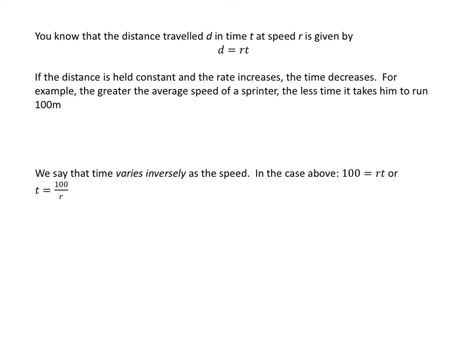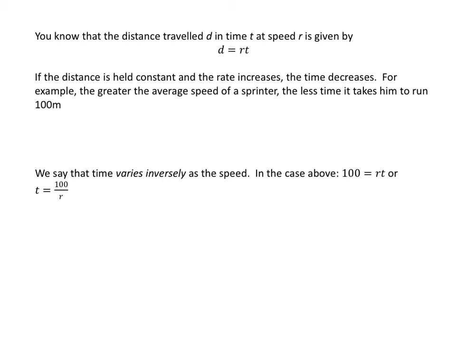Section 8.2 is still dealing with variation, but this time we're looking at inverse variation and joint variation. And the way that we model this is with our favorite thing, distance is equal to rate times time. We know that if our distance is held constant and our rate is increased, our time decreases.